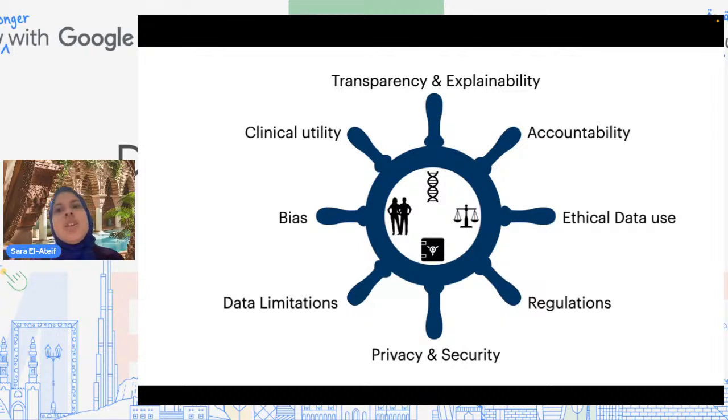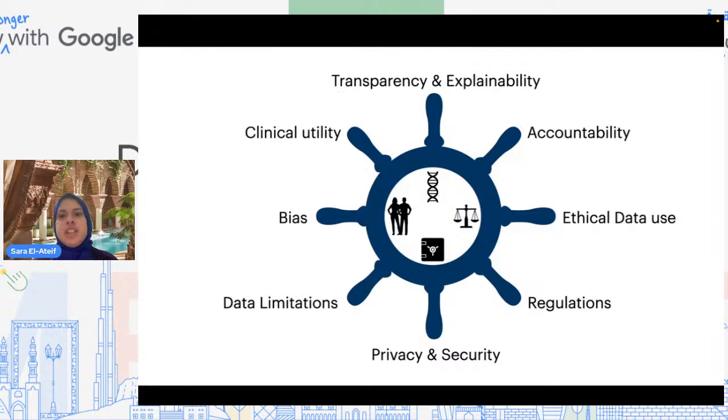There's something else that is called accountability. What do we exactly mean by accountability? It very simply means who's going to be accountable if something happens. Who are we going to blame or sue if your model makes a mistake? That is very important, and till now we still haven't figured it out yet, so there's still lots of research going on on that point.